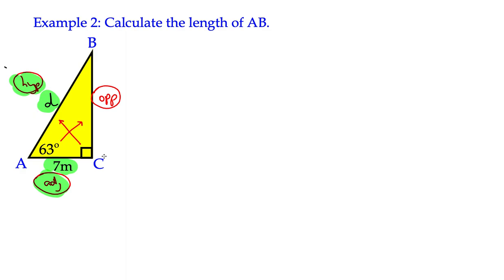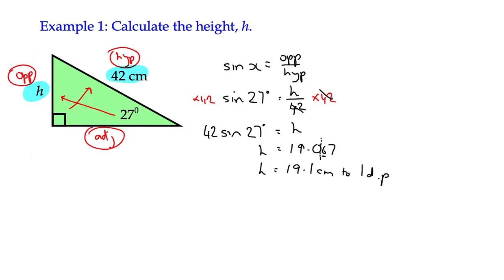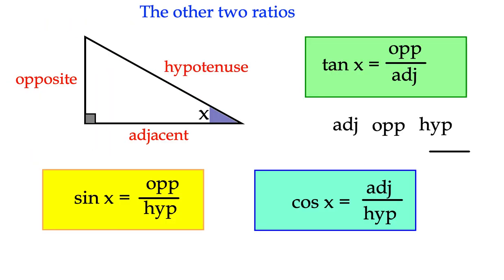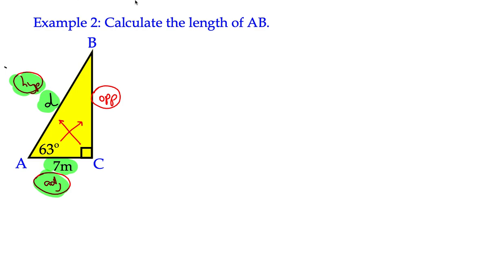So we need the rule that's got hypotenuse and adjacent in it. Let's flip back. Which of the rules has got hypotenuse and adjacent in it? Well, this one here. Okay, cos x, cosine of x, is adjacent over hypotenuse. So we're going to go and write that one down. Let's do it.